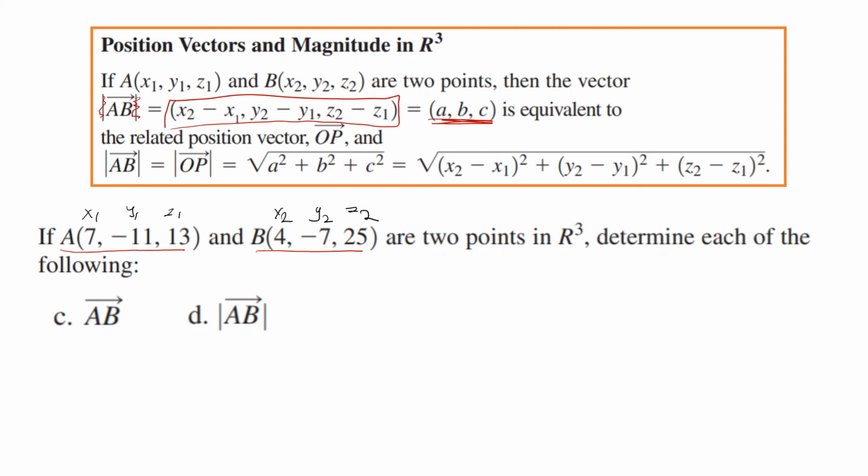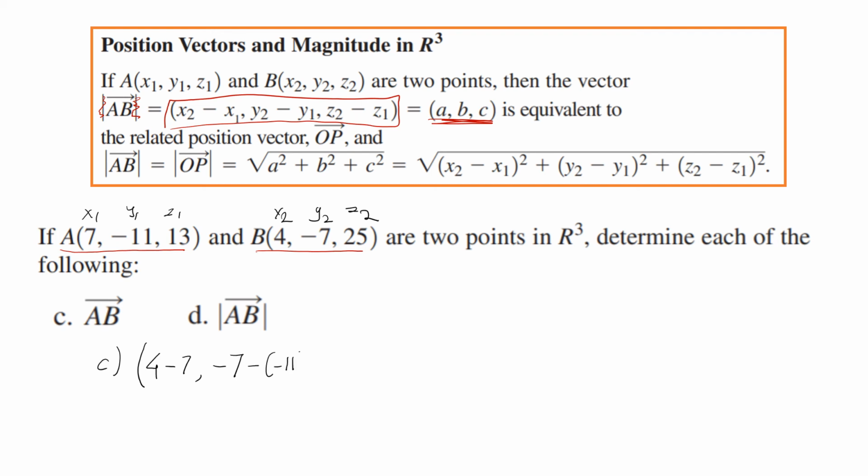Okay, so the next thing I'm going to do, I'm going to apply that formula for C, and when I do that, I have x2, and I look at x2, what's my x2? That's 4, and then I do minus x1, which is 7. Okay, and then I'm just going to put a comma, and the next thing is y2, which is -7, minus y1, which is -11.